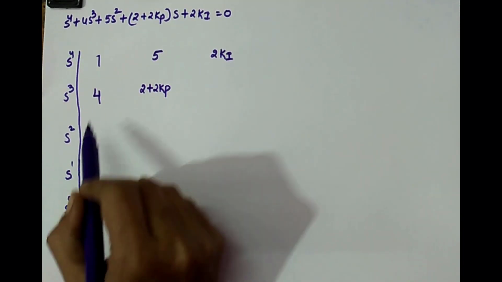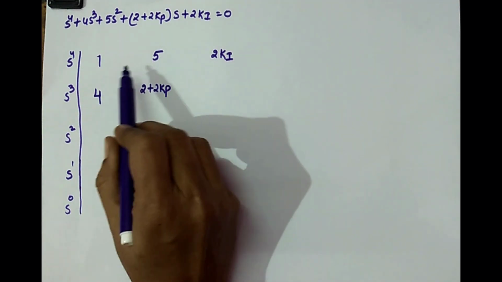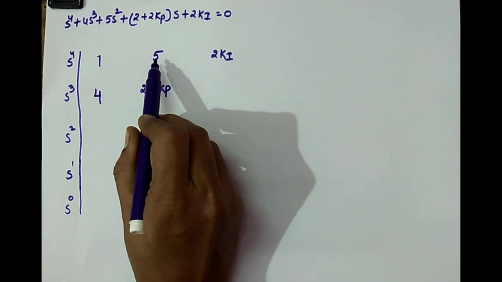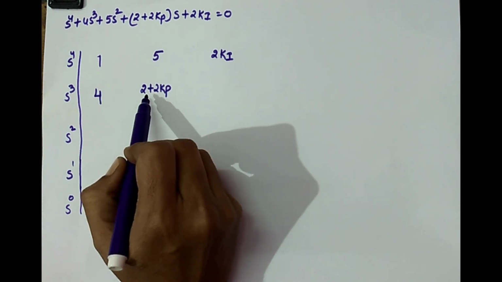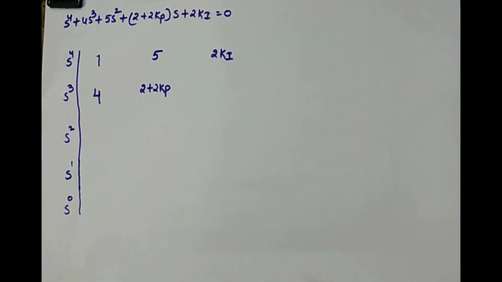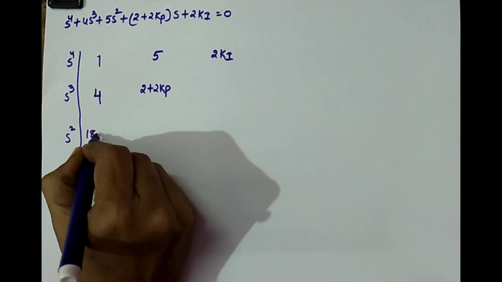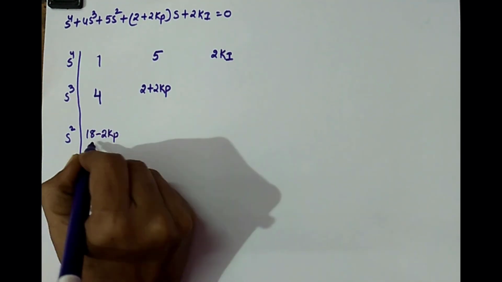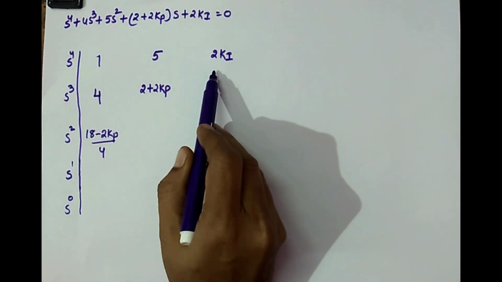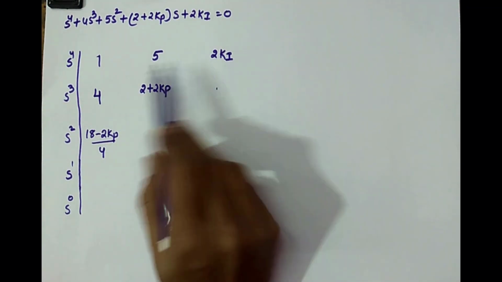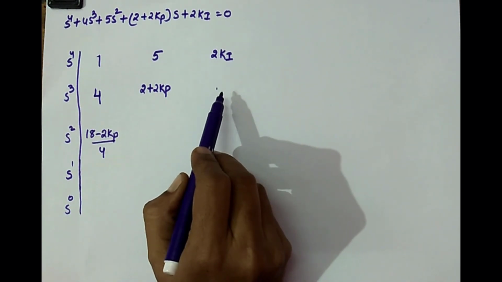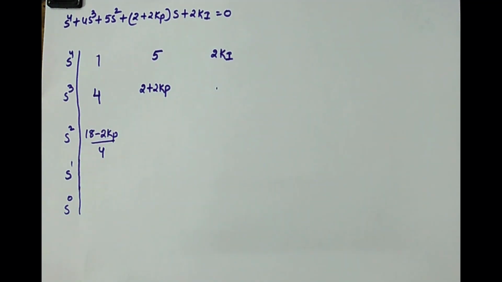To write the term here, do 4 into 5 minus 1 into (2 plus 2 Kp), divided by 4. 4 into 5 is 20, minus 2 plus 2 Kp by 4, total it is (18 minus 2 Kp) by 4. For the next term, 4 into 2 Ki is 8 Ki, minus 1 into 0, so 8 Ki by 4 is 2 Ki.